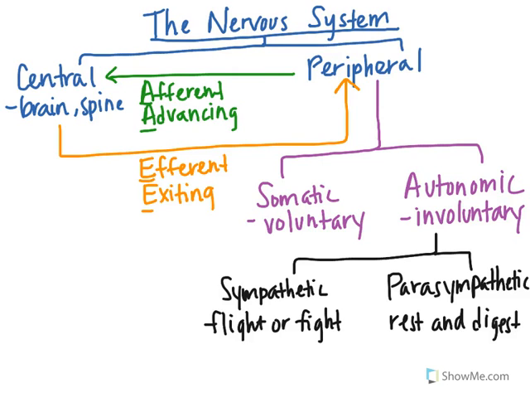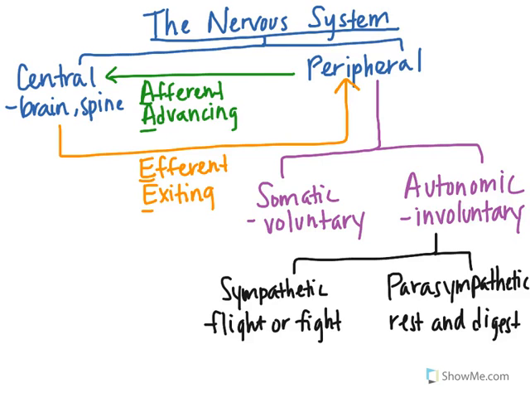Okay, so to quickly recap, the nervous system is broken down into the CNS and the PNS. You have afferent and efferent nerve fibers carrying signals to and away from the CNS, respectively.